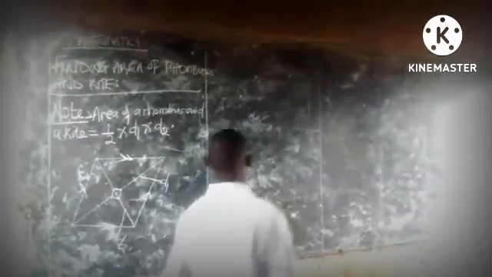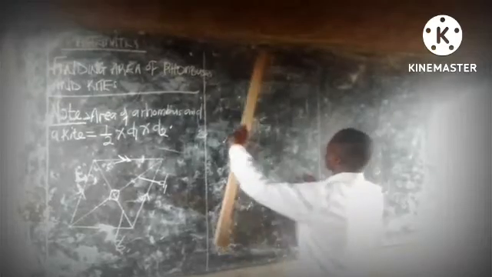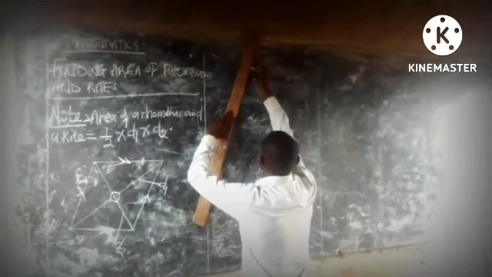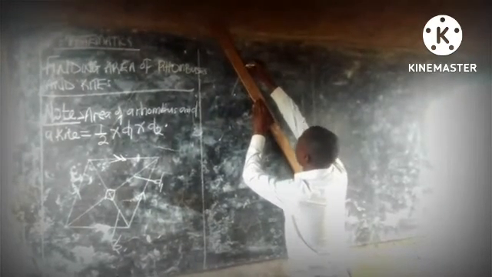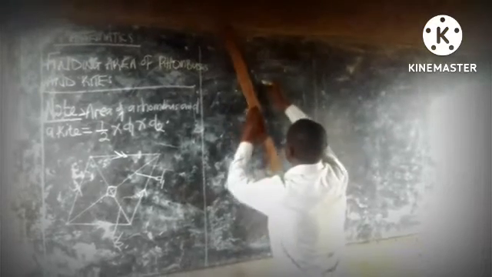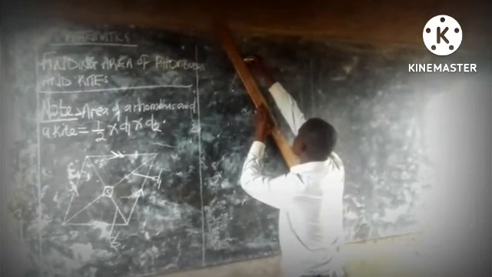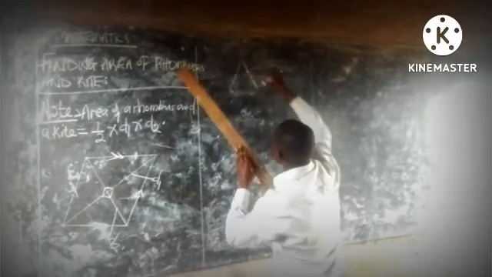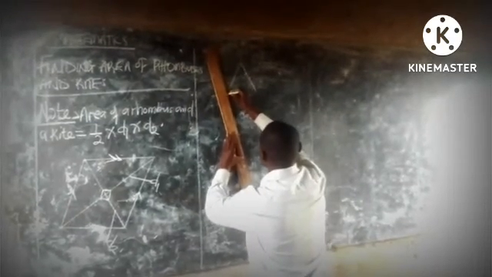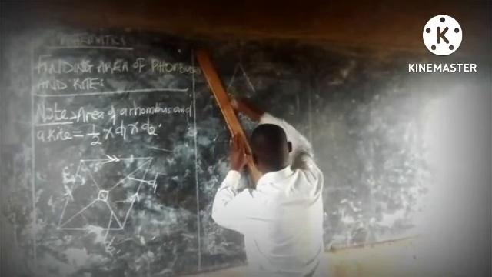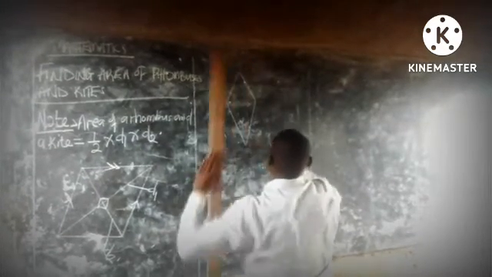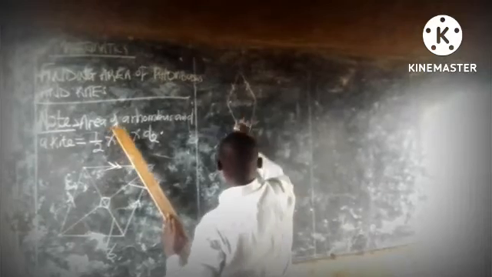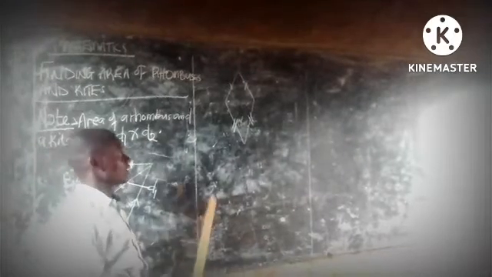And a kite, we said we can draw our kite in this form. So this one here is what we call the kite.